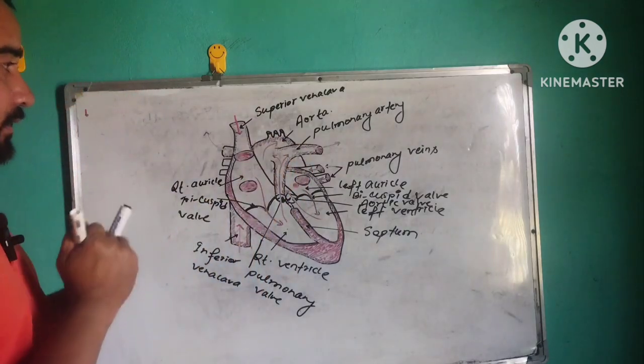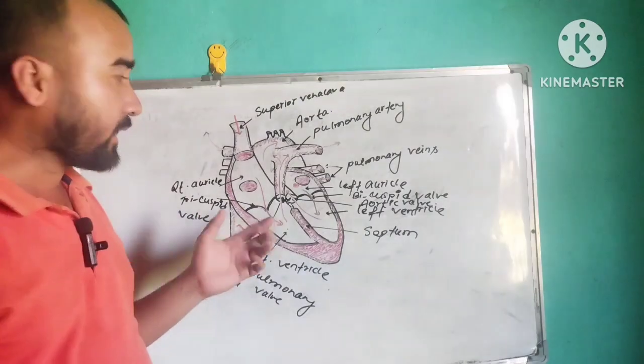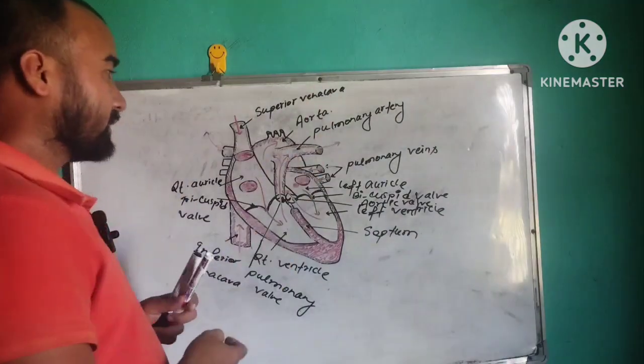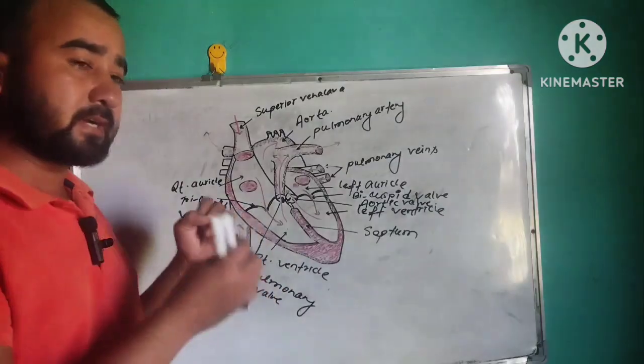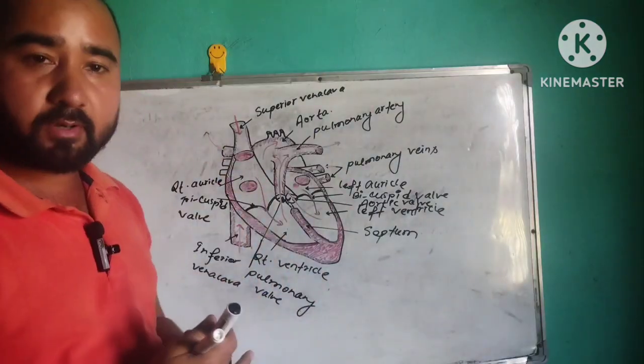And finally the aorta divides into its branches, the arteries, and their sub-branches, the arterioles, and through the arteries and arterioles, the pure, oxygenated blood gets circulated to our human body.